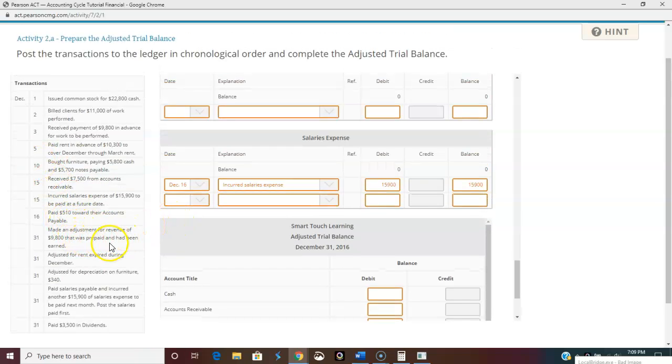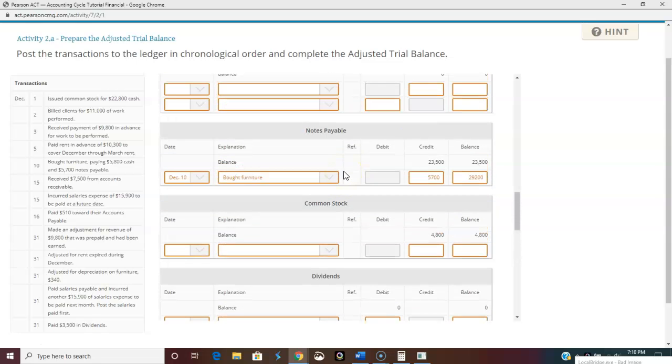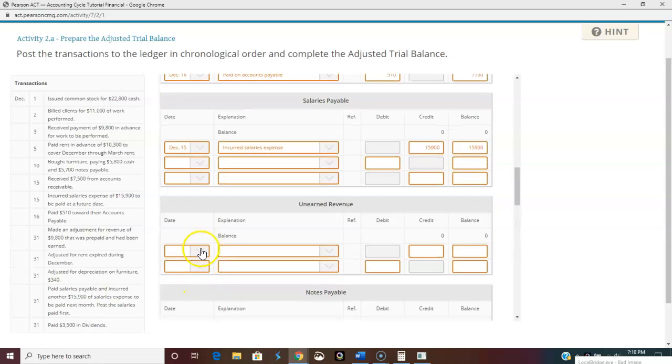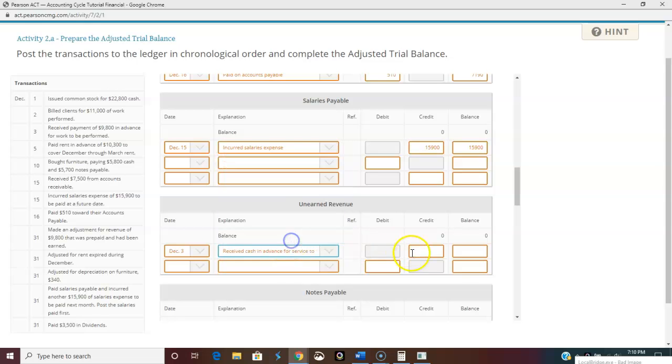So on the 31st, made an adjustment for revenue of 9,800 that was prepaid and had been earned. So we're going to go into our unearned revenue first. And on December 30th, do we have a credit? No, we didn't. That would have been on the 3rd. It's going to be received cash in advance.